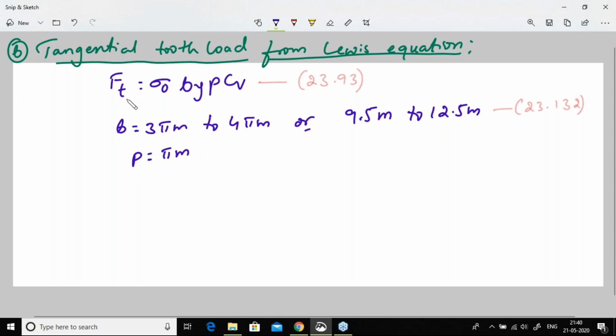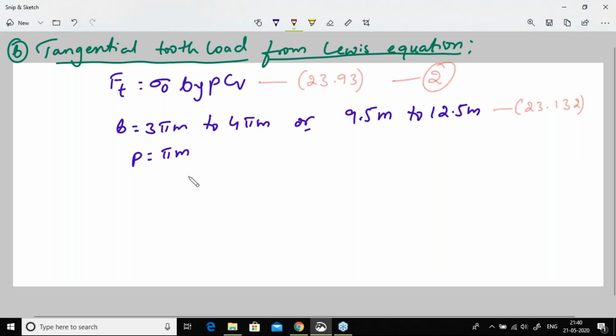By substituting all these things, we will once again get Ft in terms of m and Cv, and we call this equation number 2. We equate equations 1 and 2.